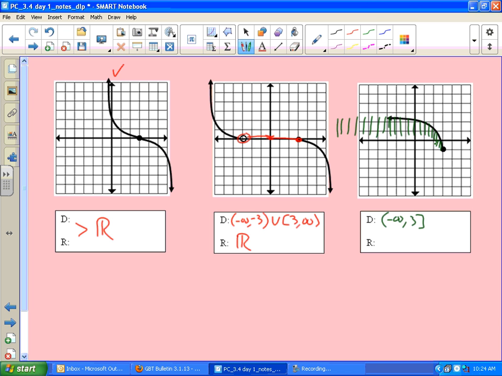Yes, sir. Why did it bracket the 3? Yes, it's a closed circle, so we include it. All right, what's range? Y such that y is greater than or equal to -1. So now the lowest point on the graph is -1, and then it's going to go everything above that.